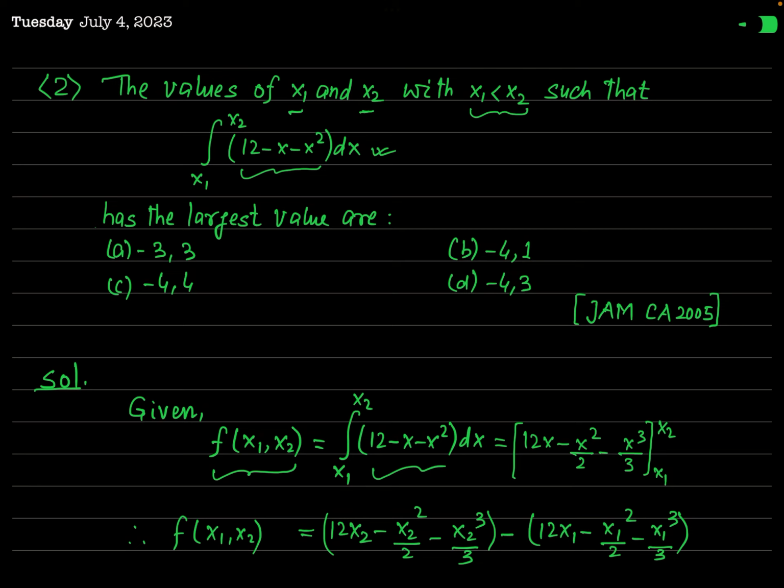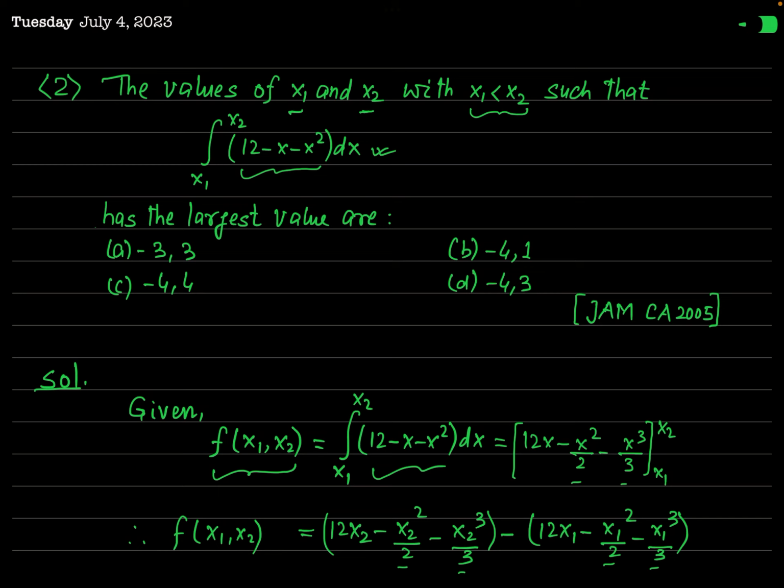Now after integration you can see the result will be 12x minus x squared by 2 minus x cubed by 3, and limits are x1 and x2. And when these limits are substituted, your result will be 12x2 minus x2 squared by 2 minus x2 cubed by 3, and minus 12x1 minus x1 squared by 2 minus x1 cubed by 3.